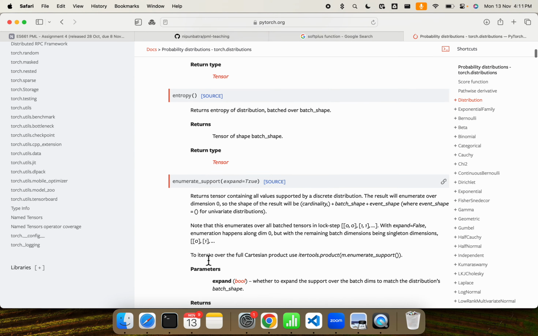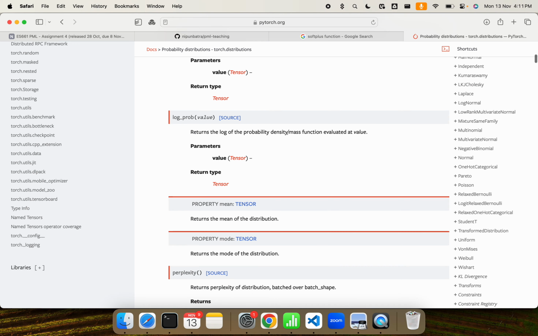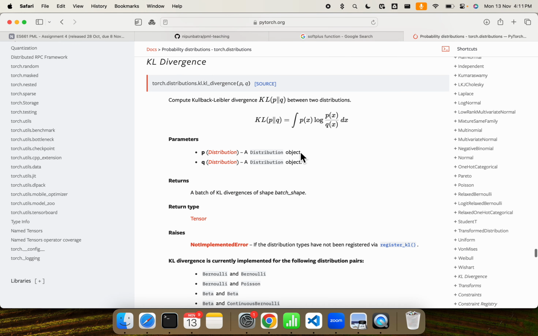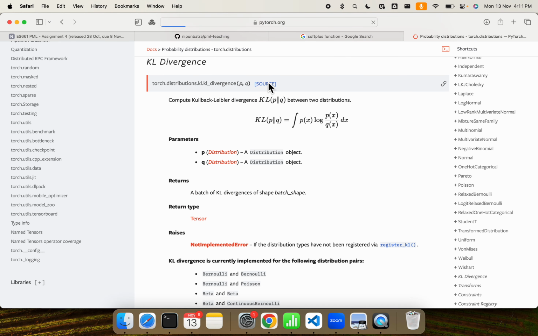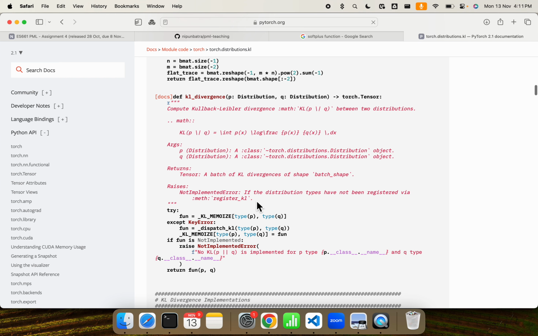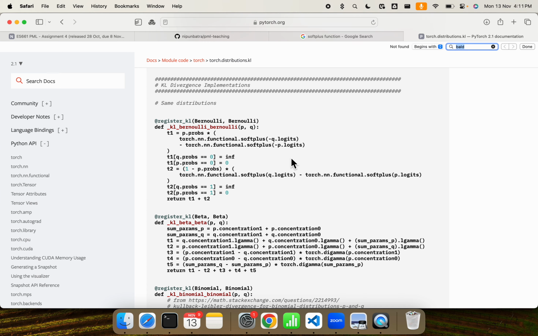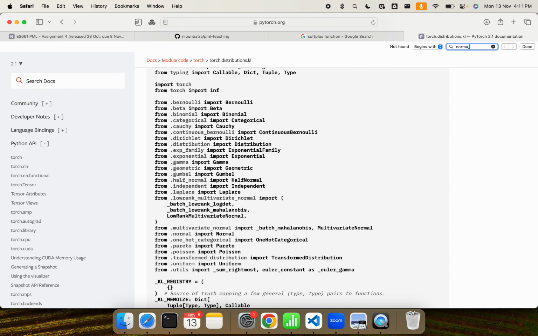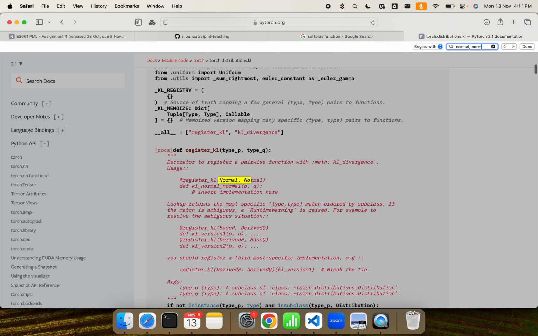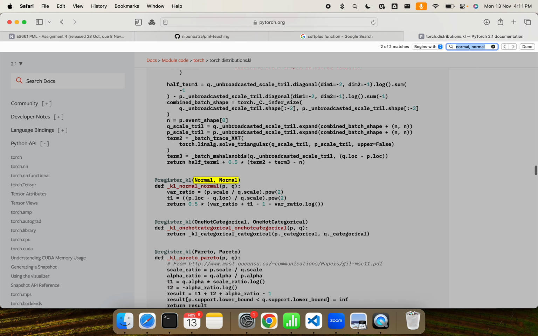So if we look at KL divergence and we go to the source, this is giving the distributions, the KL divergence between pairs, between families of distributions. So here also you can see they are using softplus. So here we have to search for normal, comma normal.